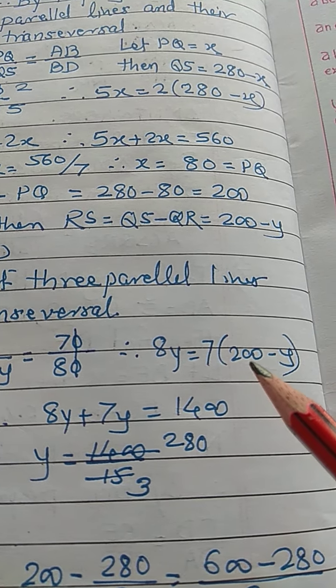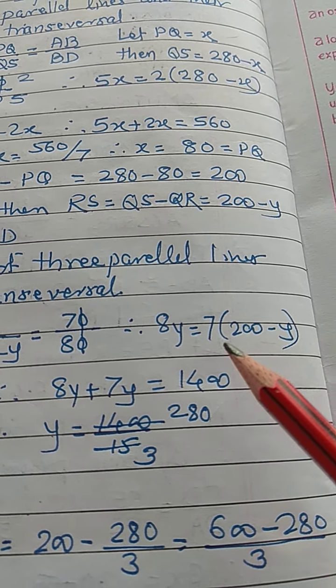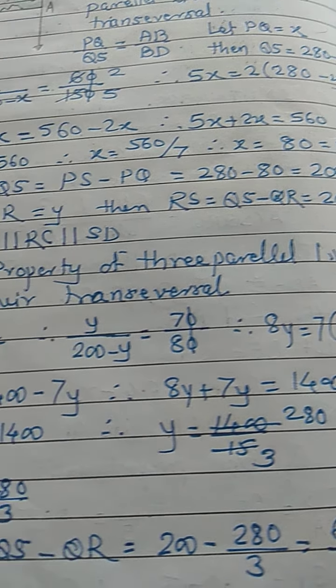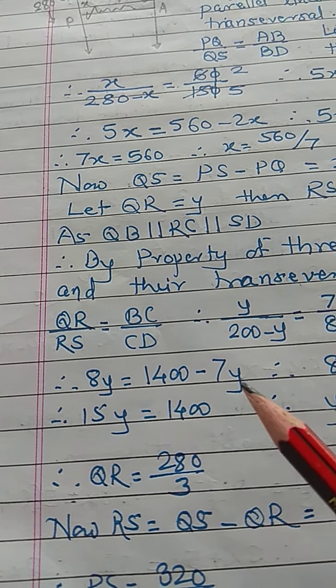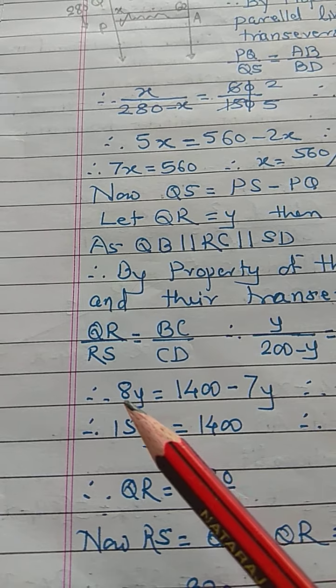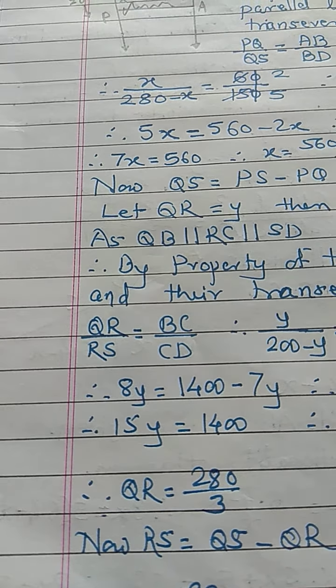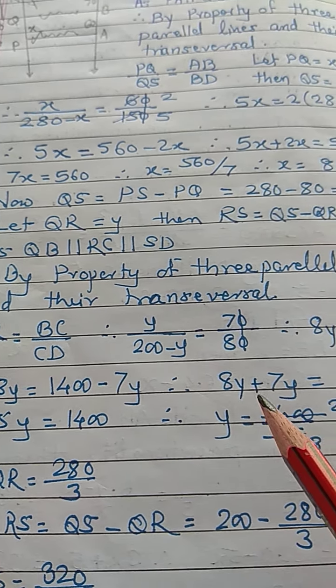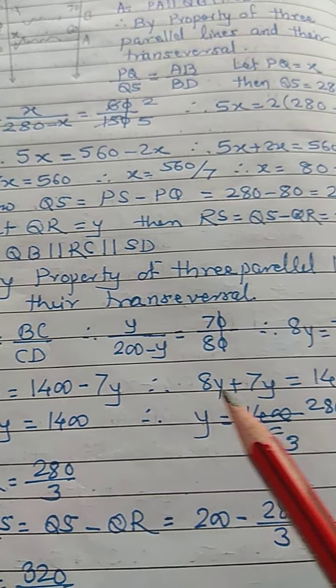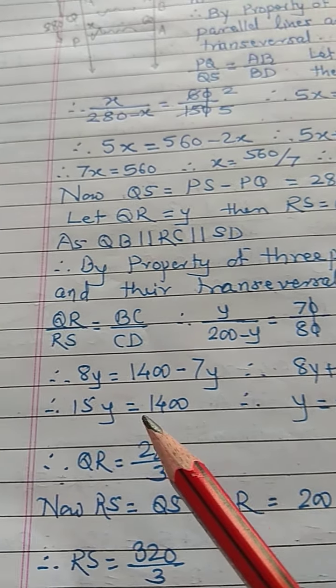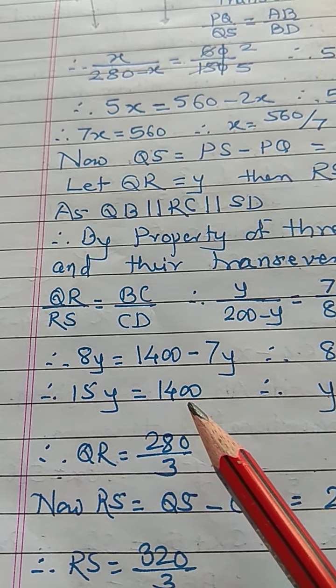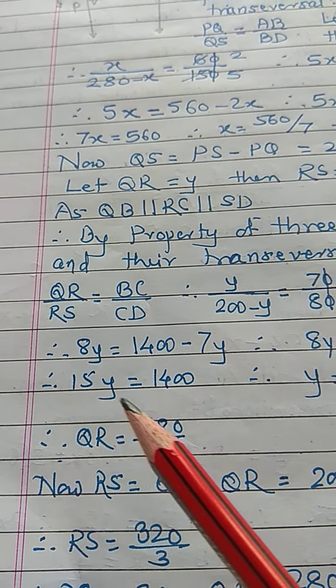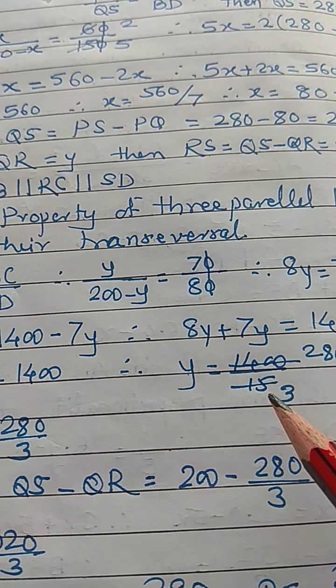So 7 into 200 is 1400. 7 into y will be 7y. Minus 7y will come to this side and become plus 7y. 8y plus 7y is 15y. 1400 as it is. This 15y is equal to 1400. Now 15 will go to that side and become upon 15.